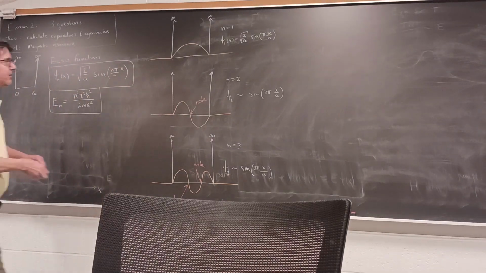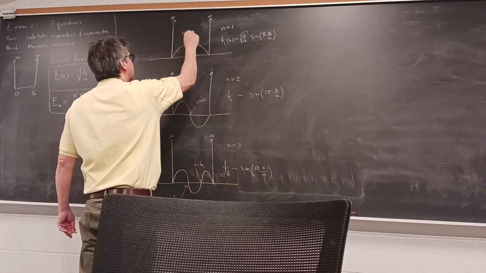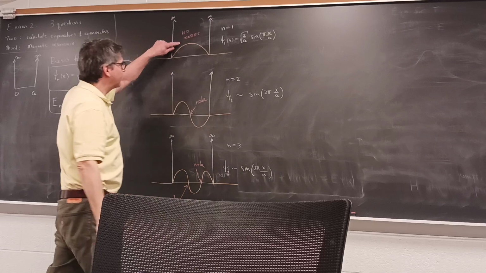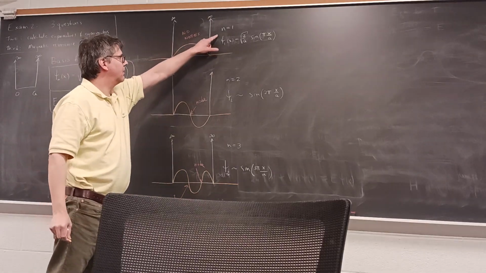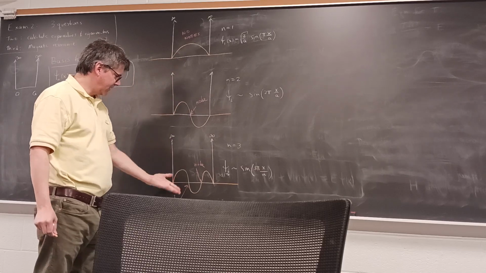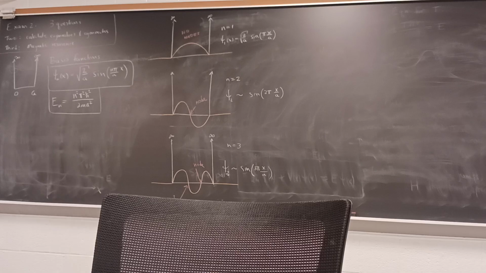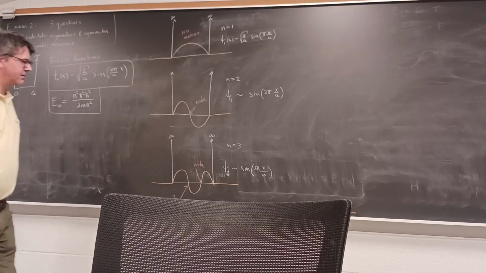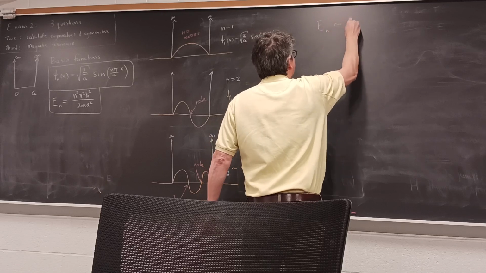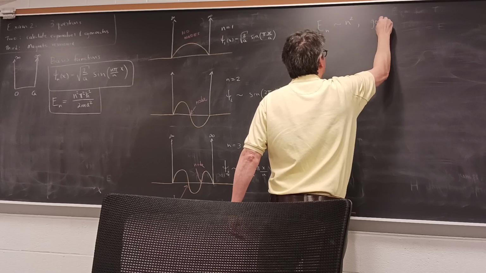Okay, so the general principle here is there are no nodes in the ground state, and as you increase n, you add nodes into the box. It just increases the number of nodes in the box. And the energy goes up as n squared.